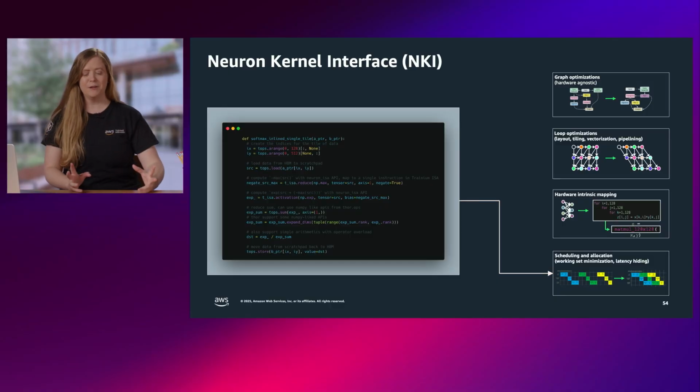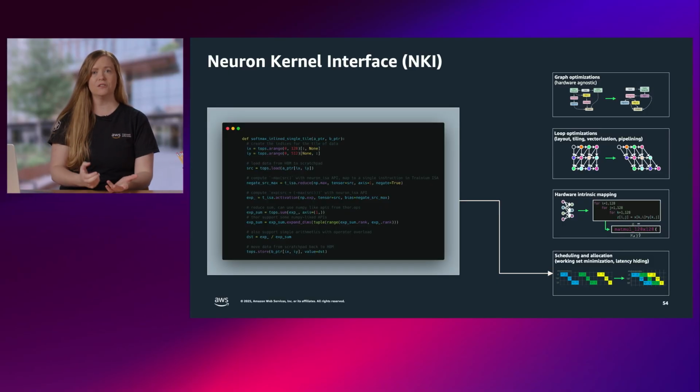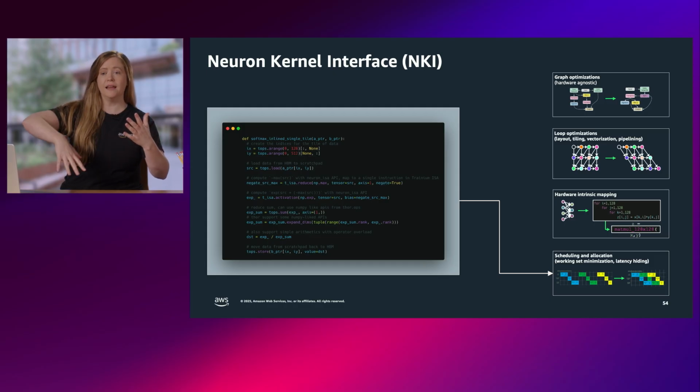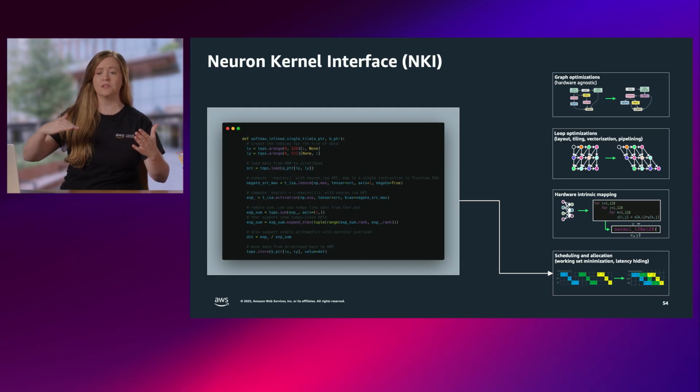Now, a kernel. So a kernel fundamentally is a set of user-defined instructions that essentially bypass a compiler. Most of the operations in your model are not kernels, right? Most of the operations in your model are sent through the stages of the compiler.